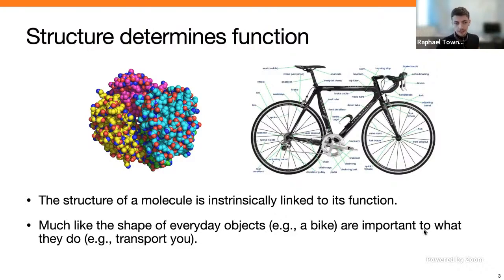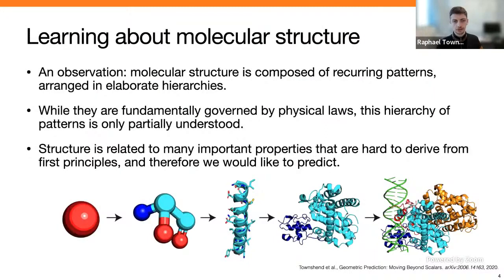Now, the other very interesting piece of structural biology is that these structures are composed of recurring patterns arranged in very elaborate hierarchies. What I'm showing down here is you start with just a single atom, which, for example, could be composed into amino acids, which could then be composed into bigger units called secondary structure elements, which could then be composed into full domains, which can then be arranged into whole complexes that form cells.